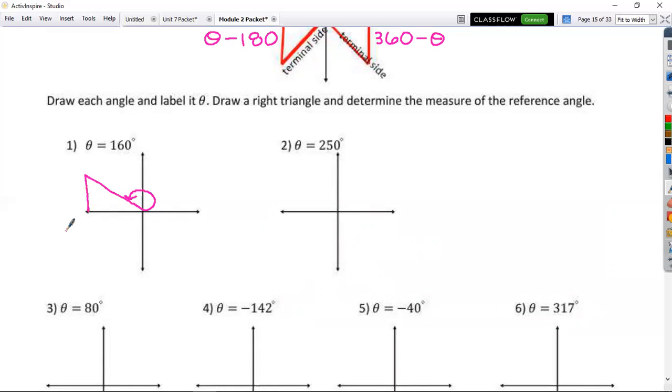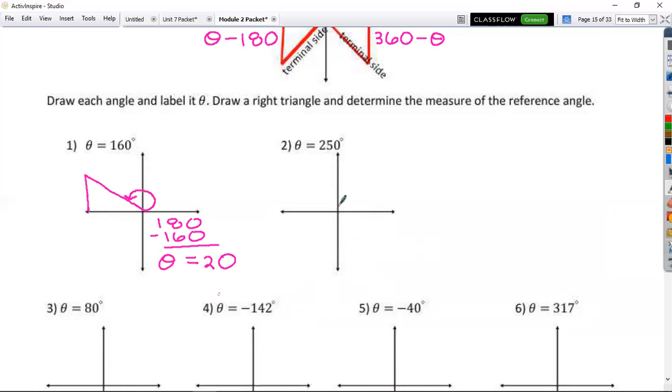And now I'm going to go and find my reference angle. So my reference angle in quadrant 2 is 180 minus 160, which is equal to 20. And then check it. Guys, is 20 between 0 and 90? Then you're good to go. That's it.